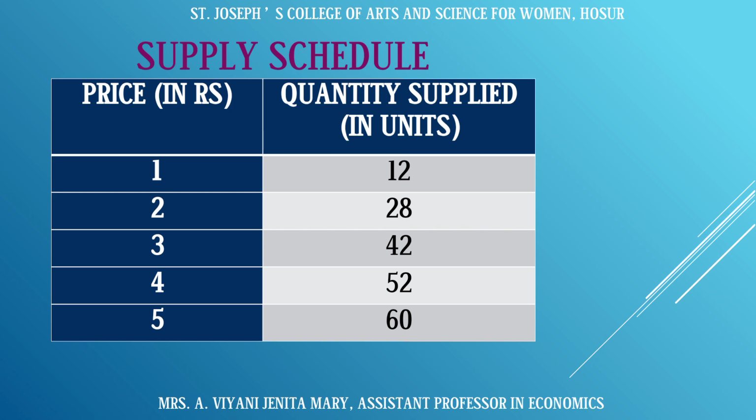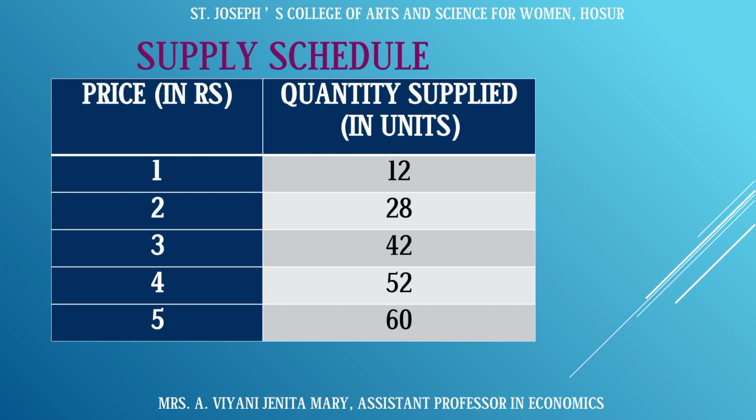We can learn this law from the supply schedule. The price is measured in rupees and the quantity supplied is measured in units. When the price goes from 1 rupee, 2 rupees, 3 rupees till 5 rupees, the quantity supplied goes from 12 units to 60 units.